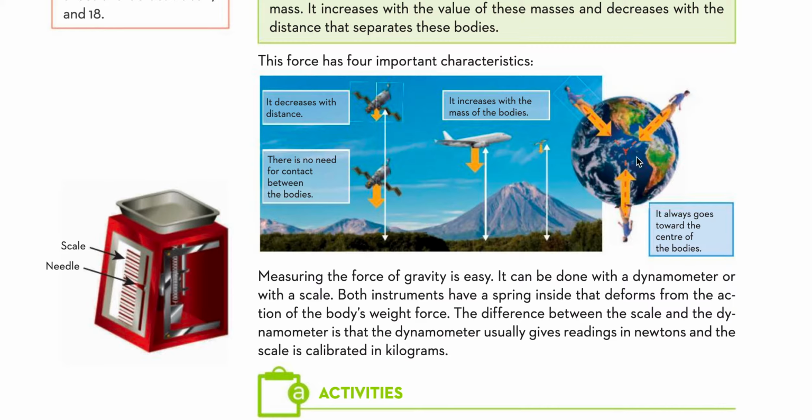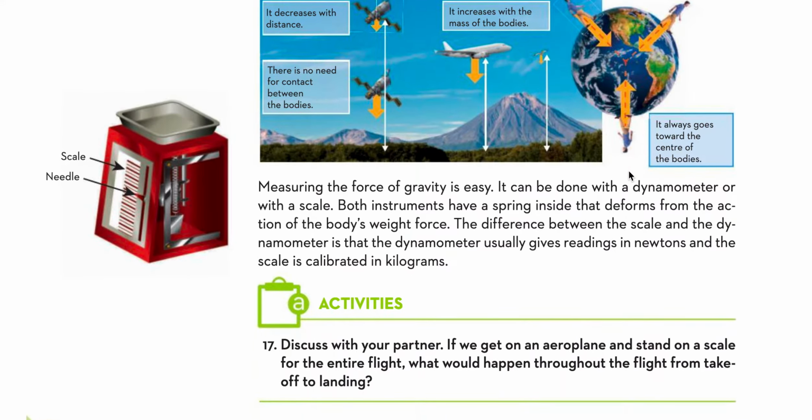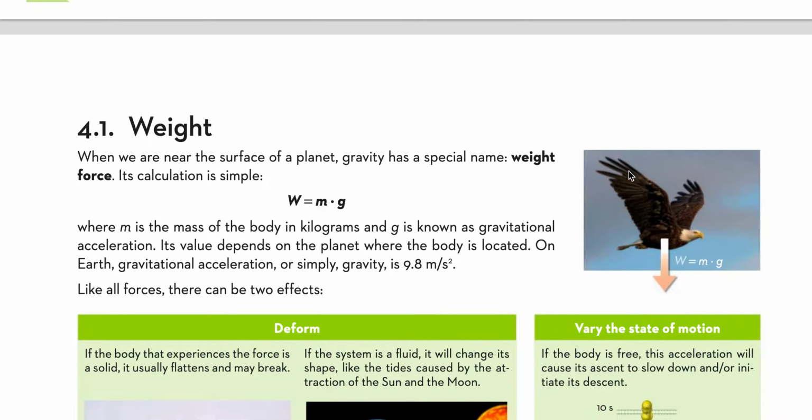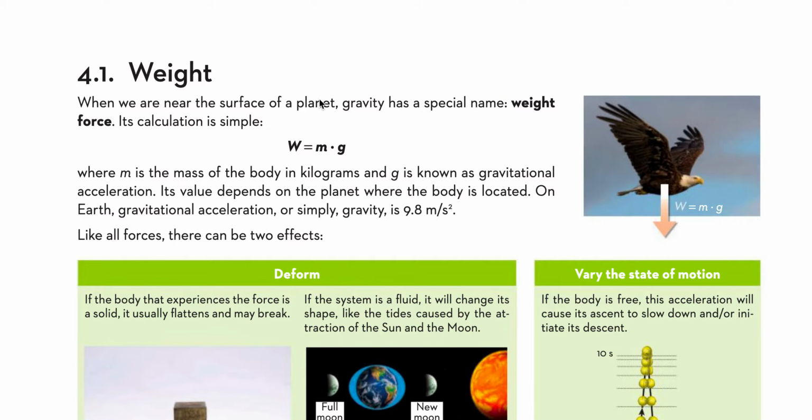These arrows are indicating the force of gravity. It's toward the center of the planet in this case. And what is weight? Weight is another force and can be calculated by multiplying the mass of a body times the acceleration of gravity.